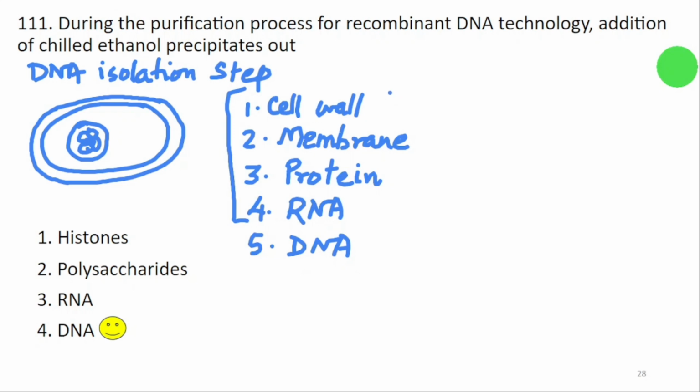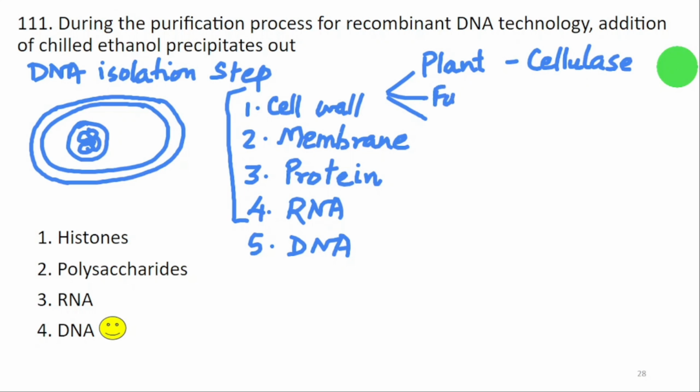So cell wall, supposing I am using plant cell, then the enzyme I will use is cellulase because the cell wall is made up of cellulose. So cellulase is going to digest the cellulose.